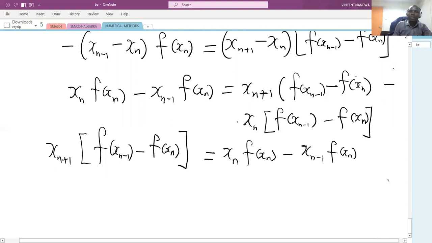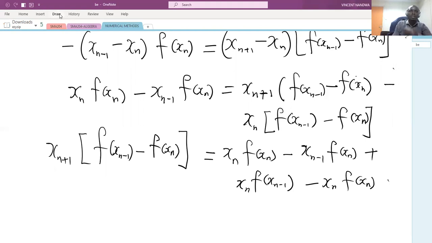Taking this one now will be positive, so plus xn f of xn minus 1 and then minus xn f of xn. So some terms will cancel out.